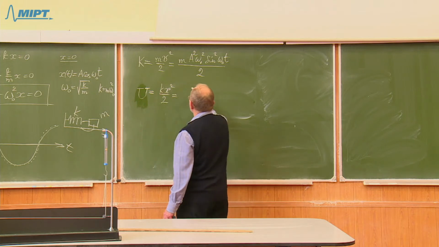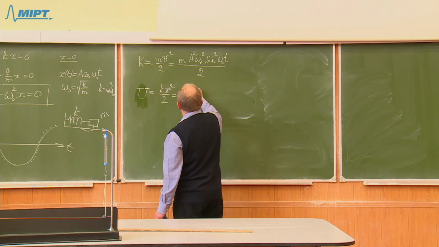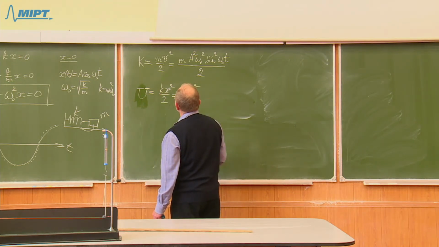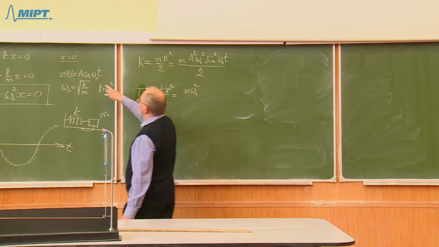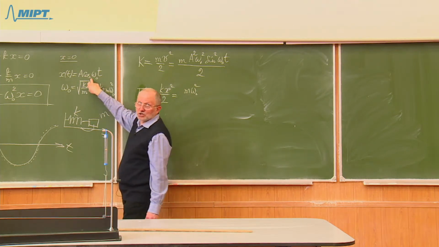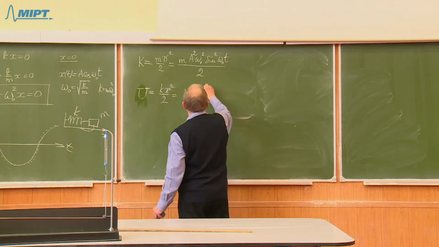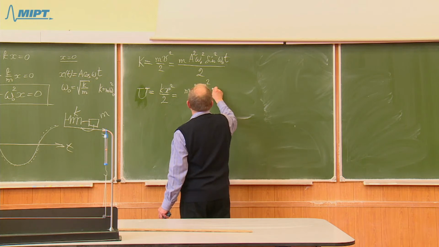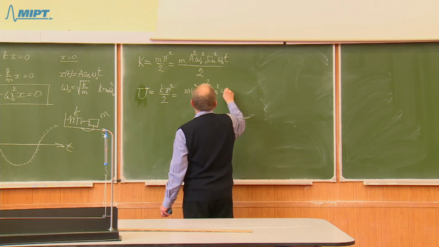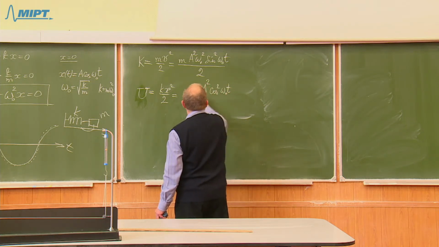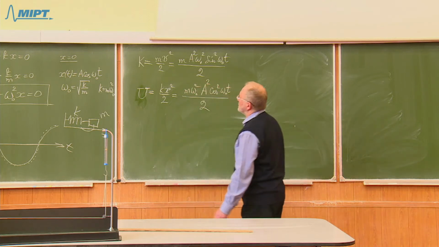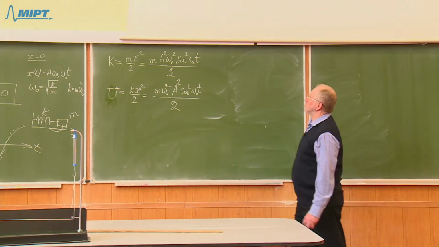So instead of k, I will put m omega 0 squared. And x is known function, a cosine. And I have to take x squared. So I will have a squared cosine squared omega 0 t divided by 2.